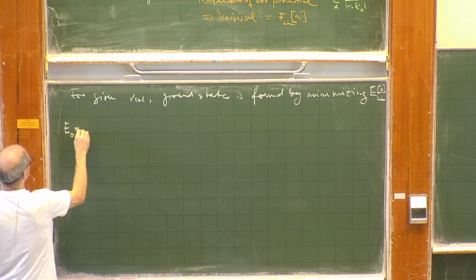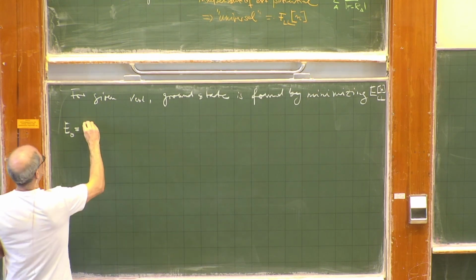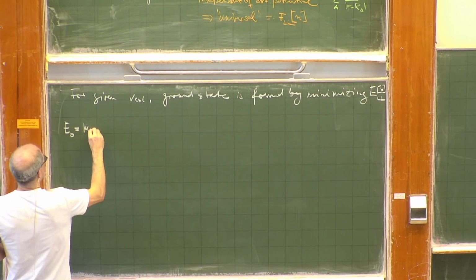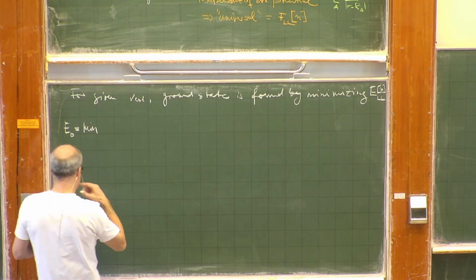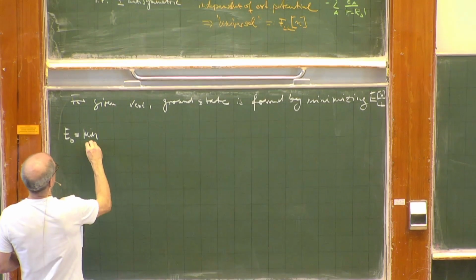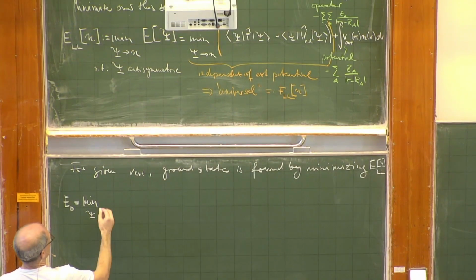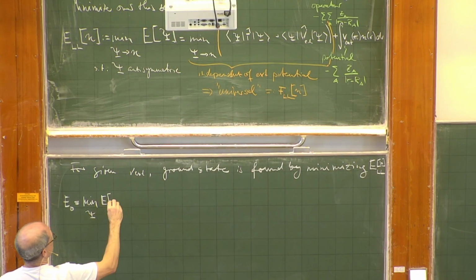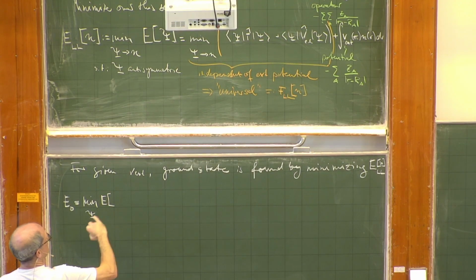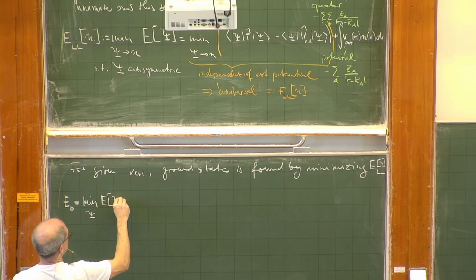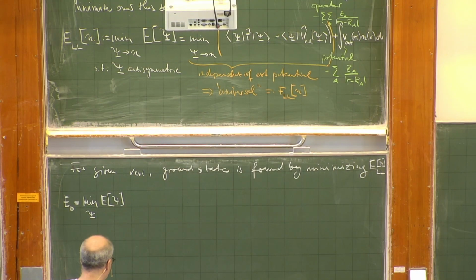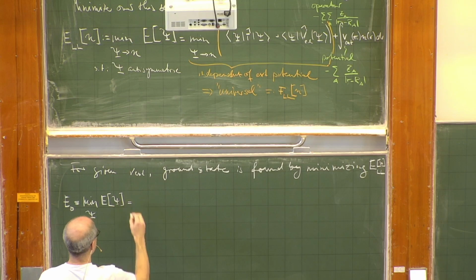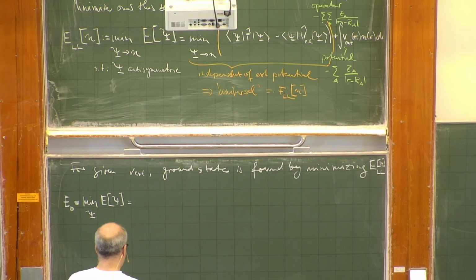So the ground state energy is given by evaluating the wave function that minimizes the energy. So that's the variational principle that we normally have in the Schrödinger equation.